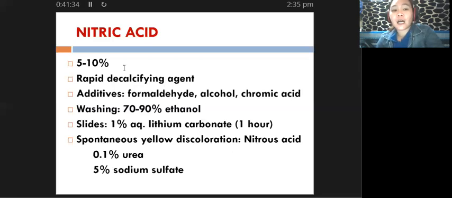In particular, your nitric acid can be used as a simple solution with a concentration of 5 to 10%. The additives that we use for your nitric acid are the following: formaldehyde, alcohol, and chromic acid.